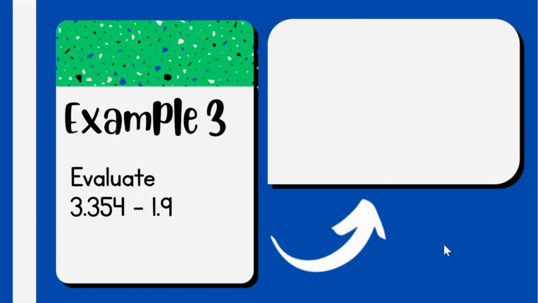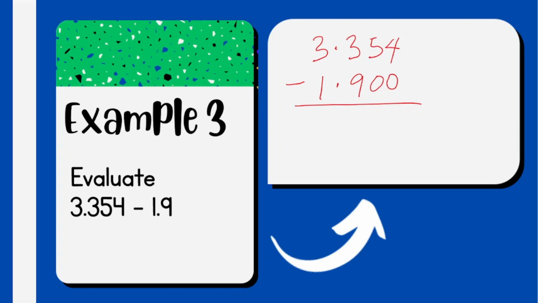So under this, we're going to have 3.354 minus 1.9. What you're going to notice here is that we have spaces after 9. So what we're going to do there is add zeros. We're going to fill it with zeros.